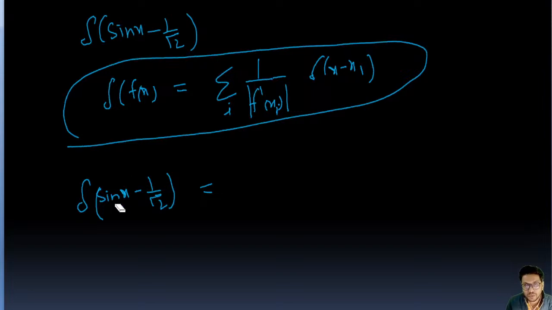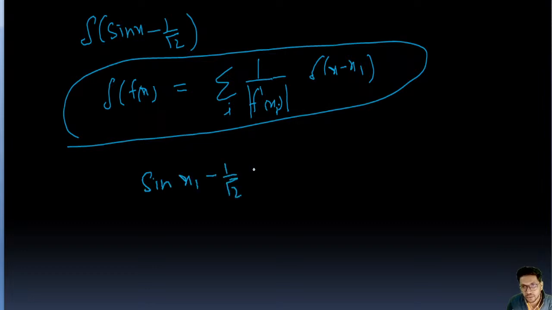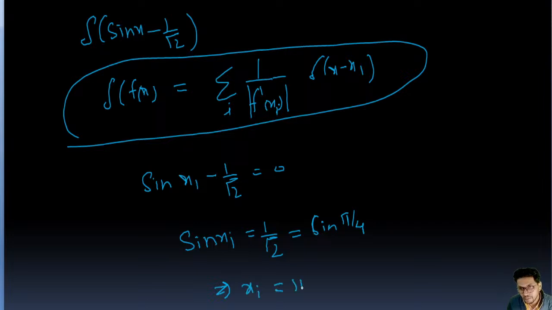For finding the root, we put the function equal to 0, replacing x by x_i. So sin x_i minus 1 upon root 2 is 0, which means sin x_i is 1 upon root 2, and that is sin 45 degrees, that is pi by 4. So the value of x_i is going to be pi by 4.